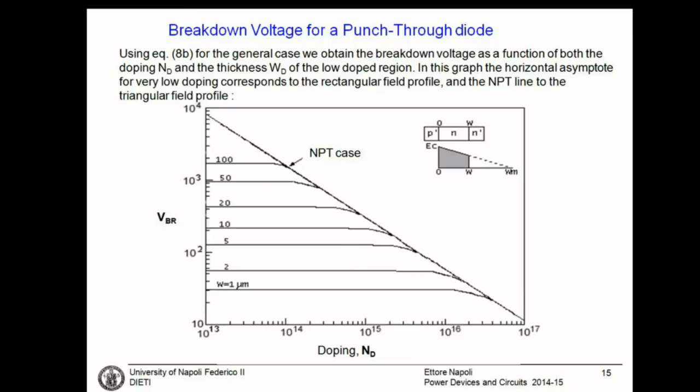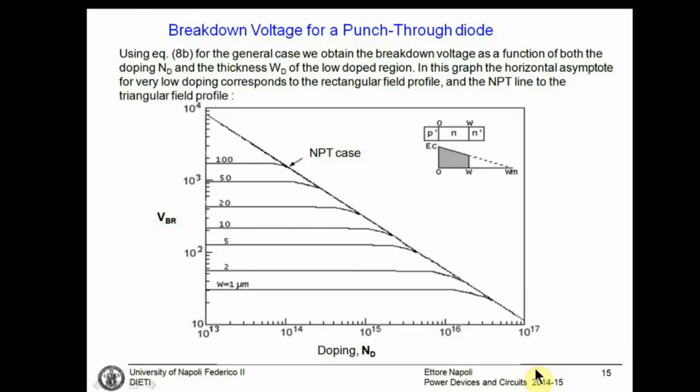It is reasonable that for the same thickness of 100 microns, you get about 2000 volts in the punch-through condition, more or less doubled. This intermediate region here, where the lines bend, is the trapezoidal shape.